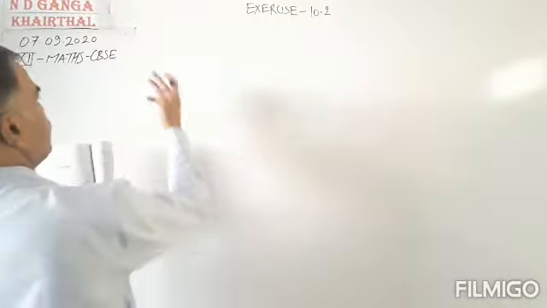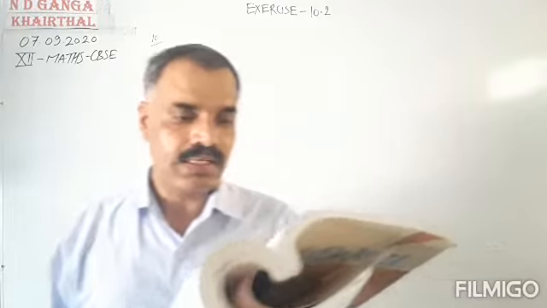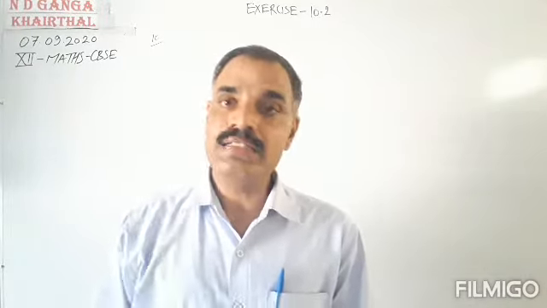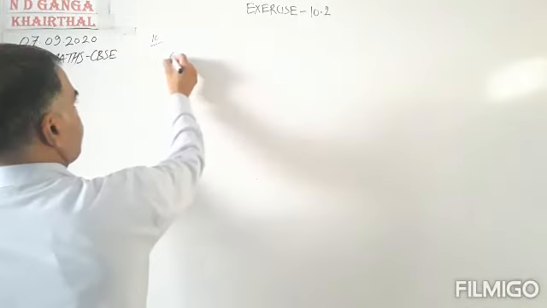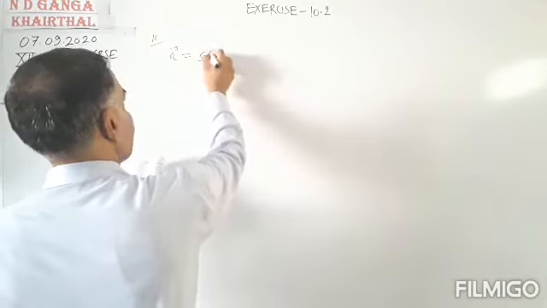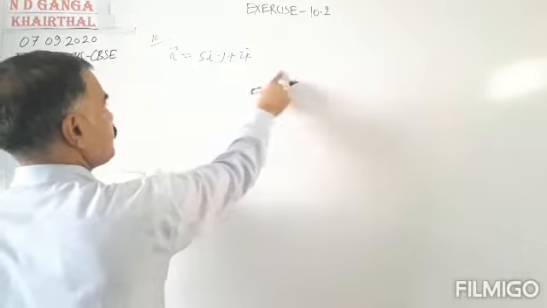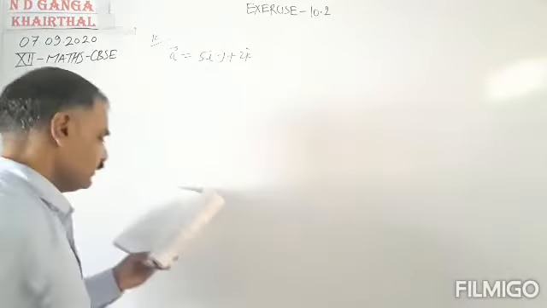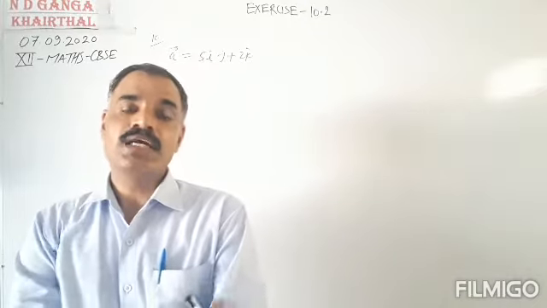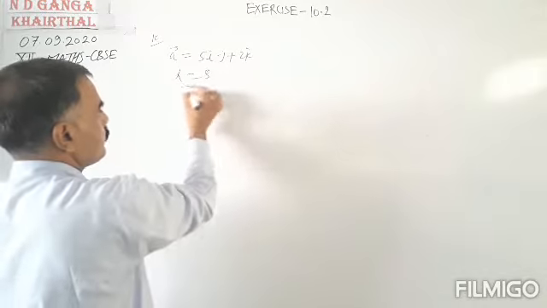Question number 10 is: find a vector in the direction of the vector a vector, that is 5i cap minus j cap plus 2k cap, which has magnitude 8 units. So lambda is equal to 8.